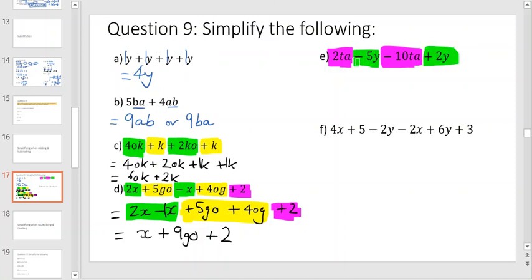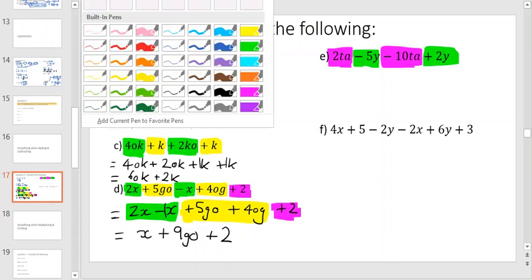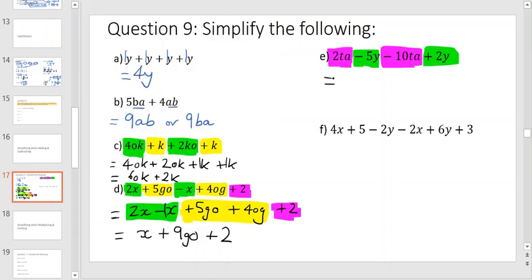So I can clearly see which takeaway, which plus belongs to which number or term. So I've got 2 TA, takeaway 10 TA, and then I've got takeaway 5Y +2Y. And I've just highlighted those again, just so it's clear to see exactly what I'm doing.